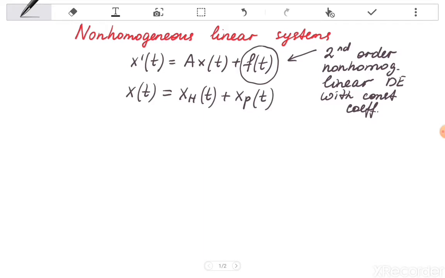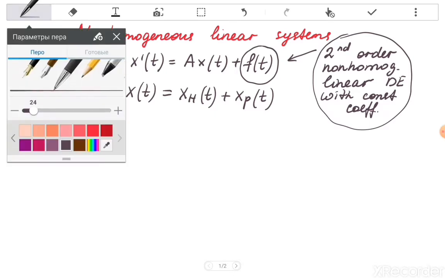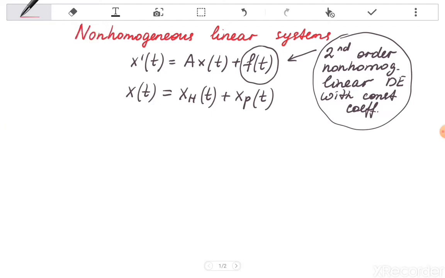And how can we find this particular solution? As you remember, for these equations, we consider two methods: the method of undetermined coefficients and the method of variations of parameters. The same thing works here. So first, we will look at the method of undetermined coefficients.